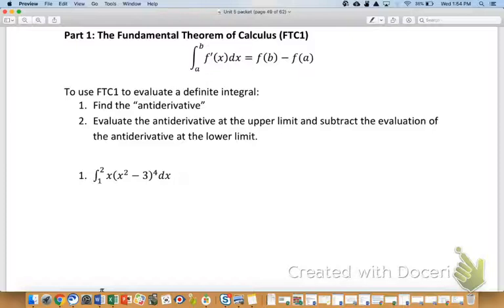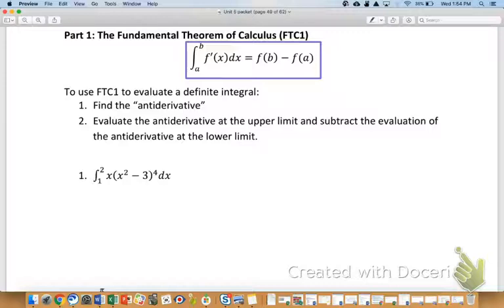So if you look very carefully at this fundamental theorem of calculus part 1, you can probably notice a few things. For instance, do you notice that the integrand is f prime, and then on the right side it's no longer prime, it's just f? Why would that be?